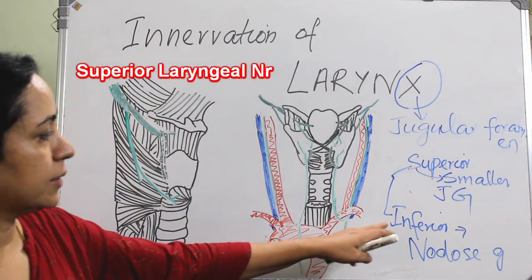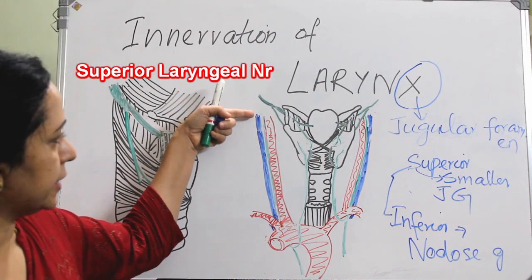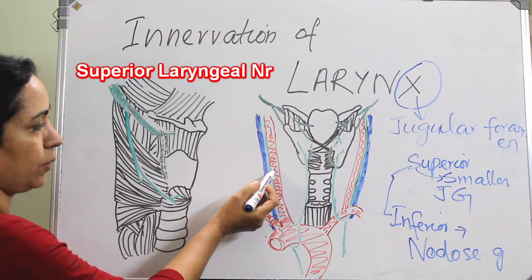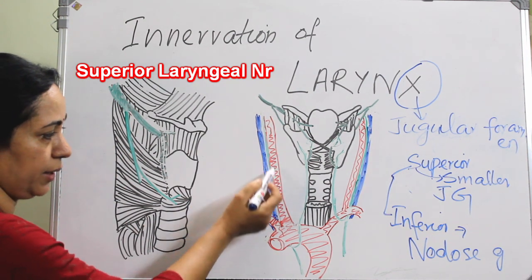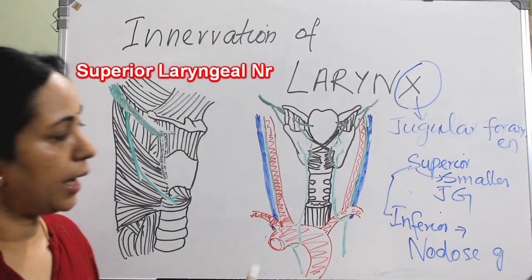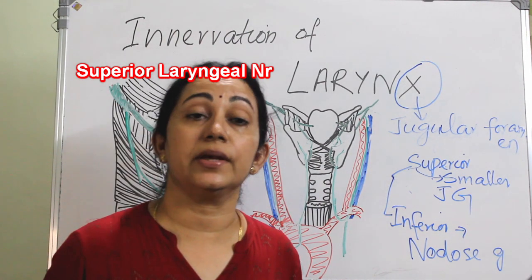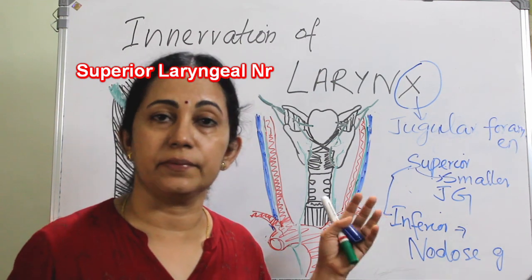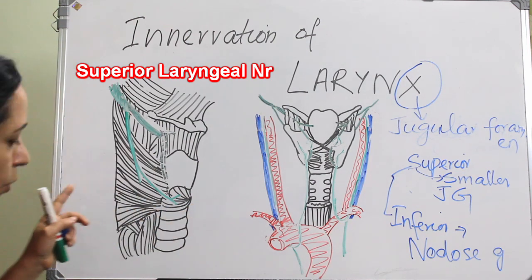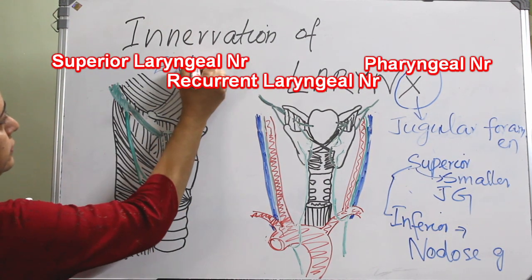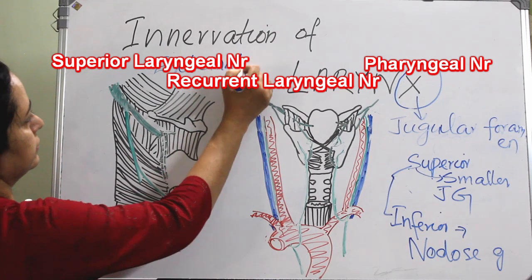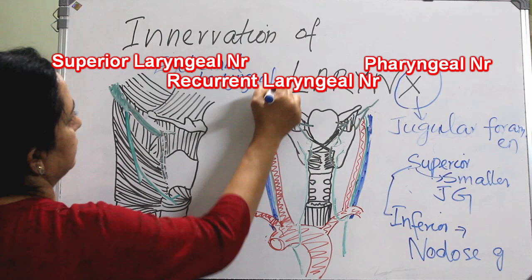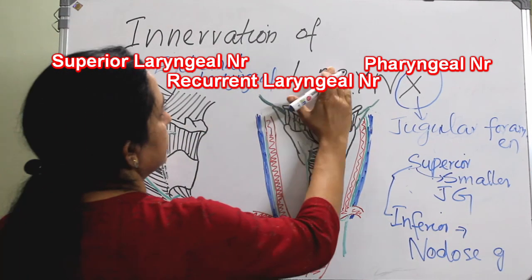Okay, and after that it descends in the neck in the carotid sheath between the common carotid artery and internal jugular vein up to the root of neck. And in the neck, the vagus nerve, we are concerned about only in the area of neck. So in the neck, this vagus nerve has got 3 branches. One is the superior laryngeal, next is recurrent laryngeal nerve.